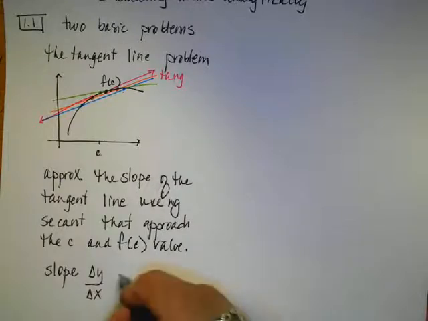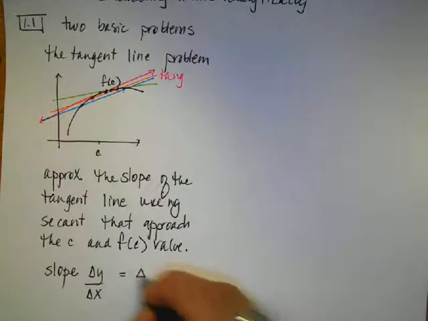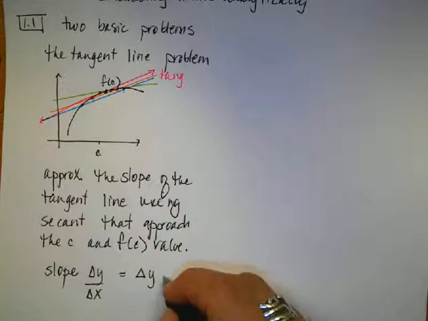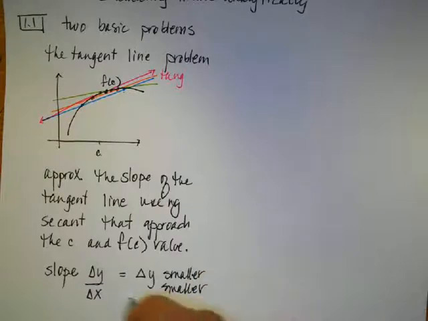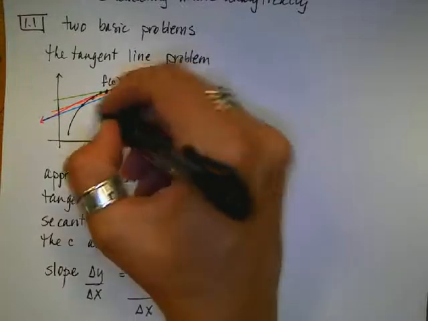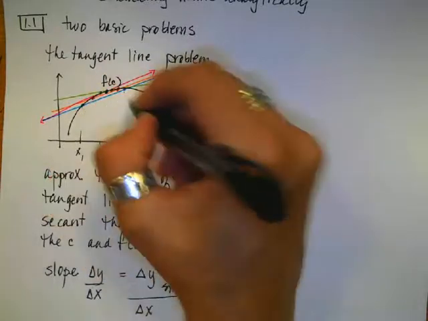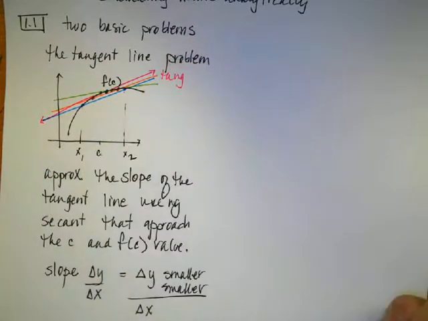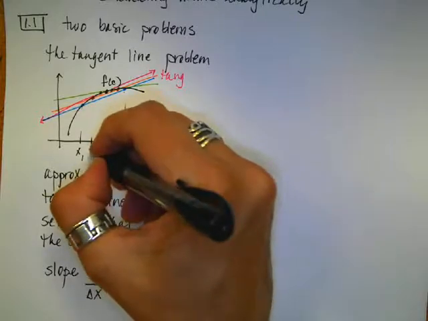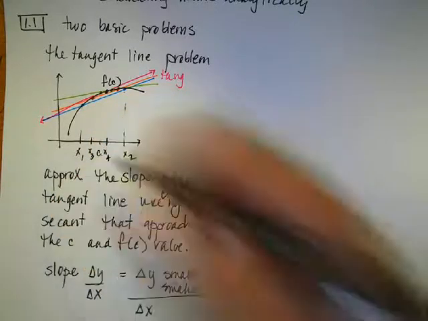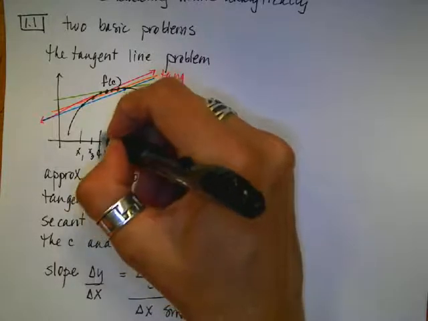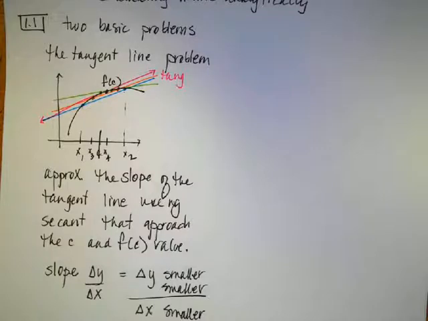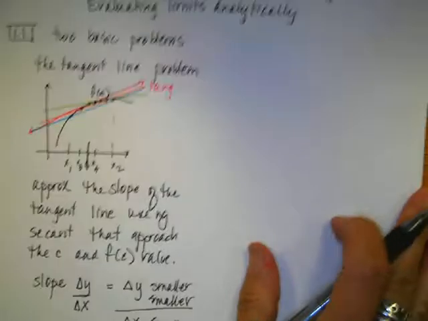So now what we're going to talk about is my delta y's are going to be getting smaller and smaller, and my delta x's, okay, so if I chose this point right here, and I'll call this guy x1 and maybe this guy x2, and maybe x3 and x4, my delta x is getting smaller and smaller, where it's actually going to very closely approximate the slope at C. So that's our first problem that we'd like to talk about in calculus.